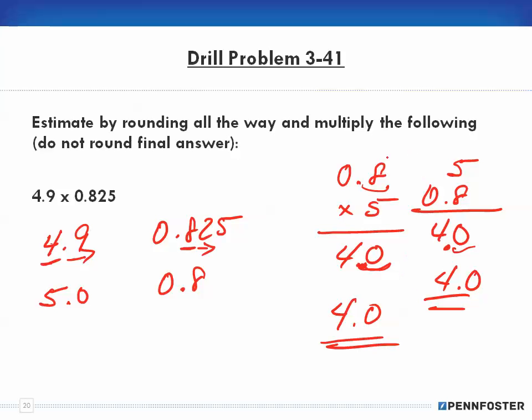The reason why I did it 0.8 times 5 was just so that you realize that when you multiply, it doesn't matter which order you multiply the numbers in. Whatever is more convenient for you, and you end up with the same answer. That's just a multiplicative property. You can rearrange the numbers whichever way you want, multiply, and still come up with the same thing.